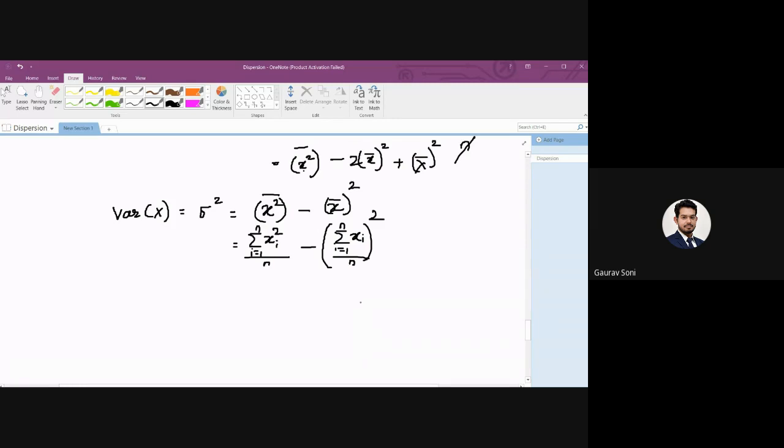The same type of calculations I can also do for the continuous or the discrete frequency distribution. For the frequency distribution, variance of x is equal to sigma square is equal to, yes, anyone who can generalize the formula?